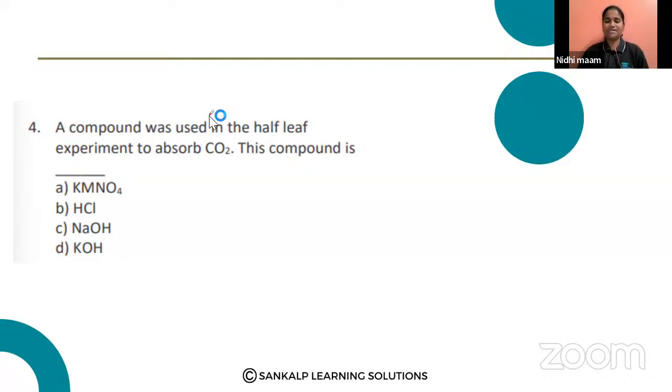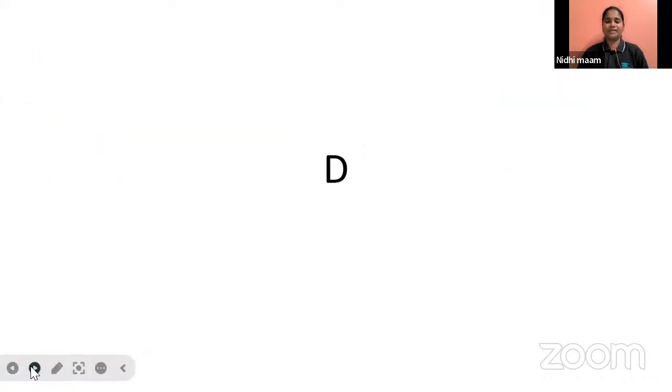Which compound is it? So the right answer is option D, that is potassium hydroxide. It absorbs the carbon dioxide.